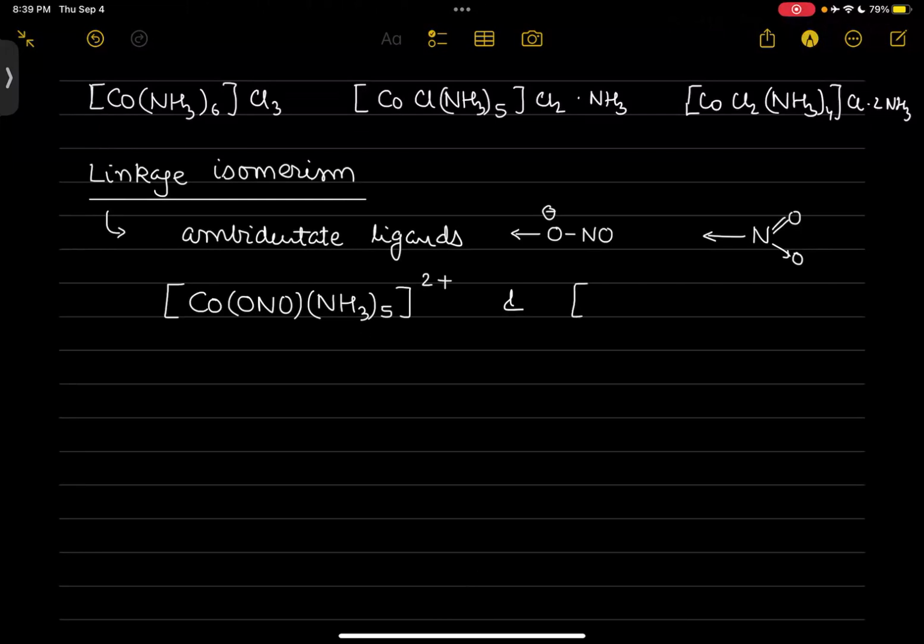I can write the same metal, cobalt. The rest of the ligands are kept as it is. They are not changed. NH3 5, and I will change only the ambidentate ligand, the connection of the ambidentate ligand. That I can change.